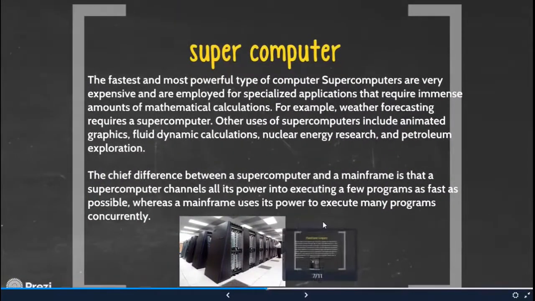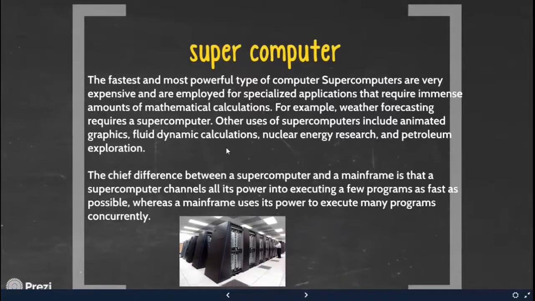Okay, next is the supercomputer, the fastest and most powerful type of computer. These are very expensive, actually the most expensive computers, and are employed for specialized applications that require immense amounts of mathematical calculations.